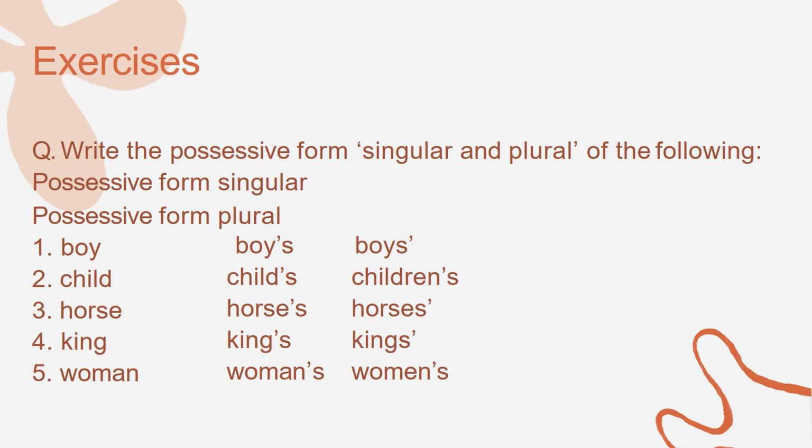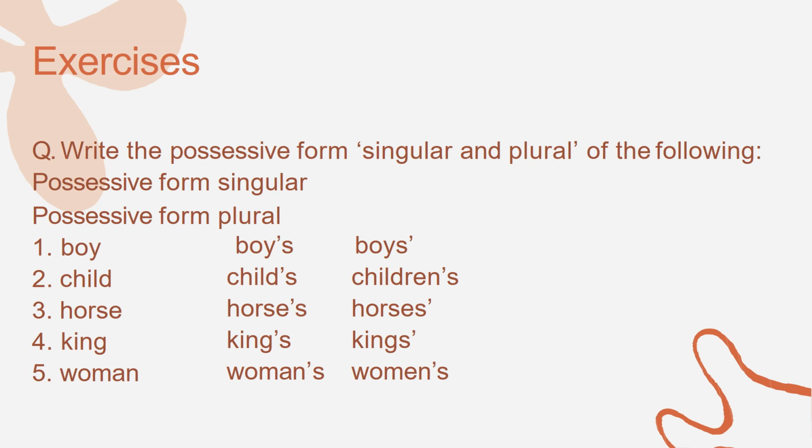So if a word boy has been given, we will write apostrophe s in the case of singular noun, and we will add only apostrophe in the case of plural noun, which means the word given here has to be first transformed into plural, and then we will decide whether we have to use apostrophe or apostrophe s.